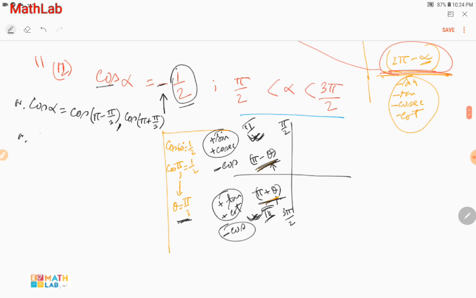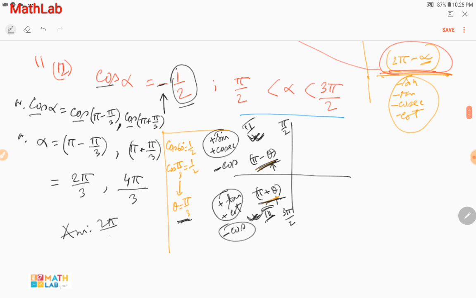Cancelling cos from both sides, alpha equals pi minus pi by 3, and another answer is pi plus pi by 3. So our answers will be 2 pi by 3 and 4 pi by 3. These two will be our required answer.